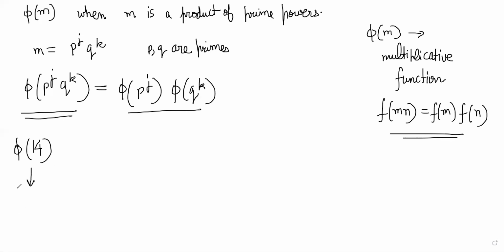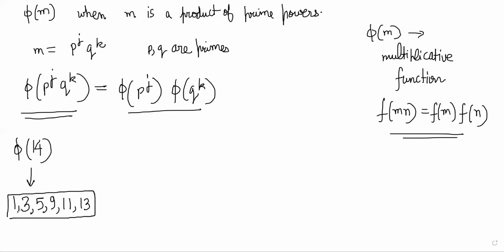Normally you can find it directly: the number of numbers co-prime to 14. So 1, 3, 5, 9, 11, 13. That's it.